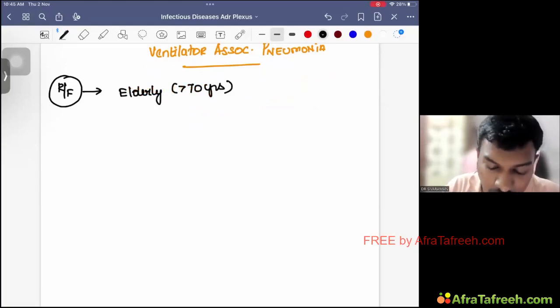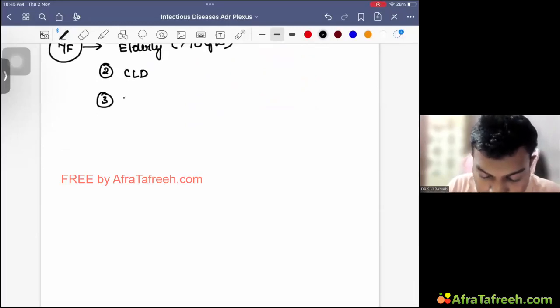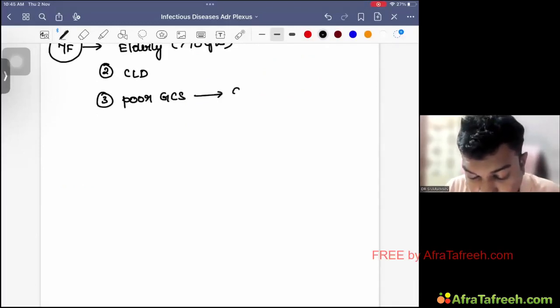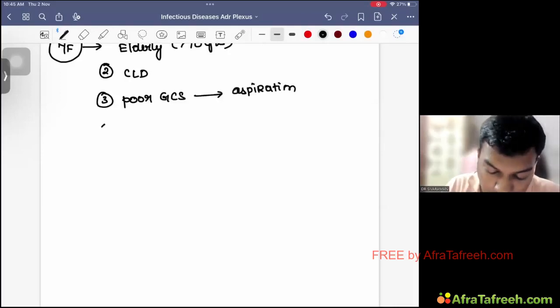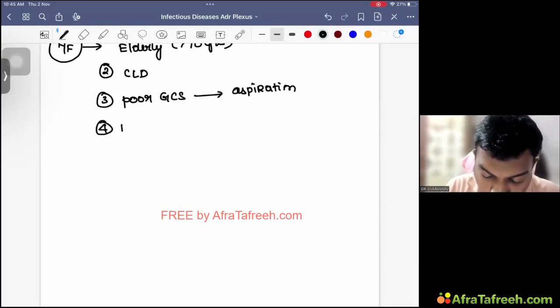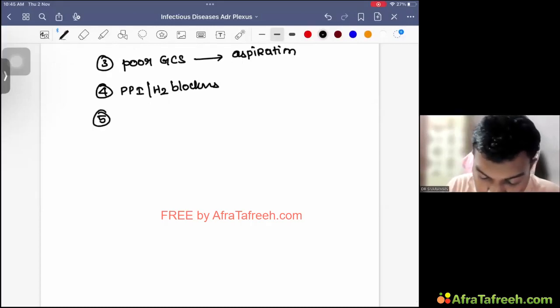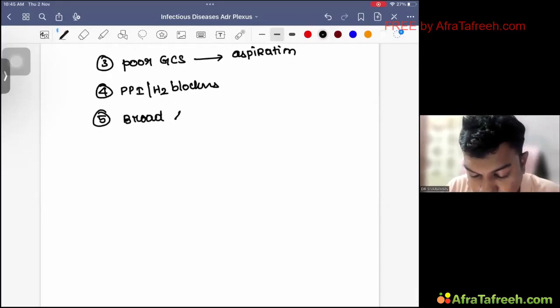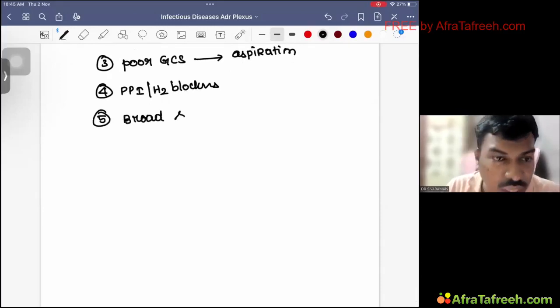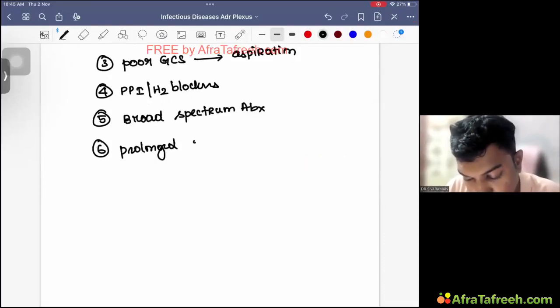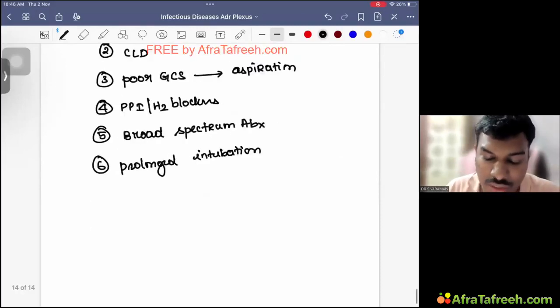Whenever he is having pre-existing chronic lung disease, a poor GCS, aspiration, then a patient on PPI or H2 blockers, a patient on broad spectrum antibiotics, and whenever a patient is on prolonged intubation, then these patients are going to have high risk for VAP.